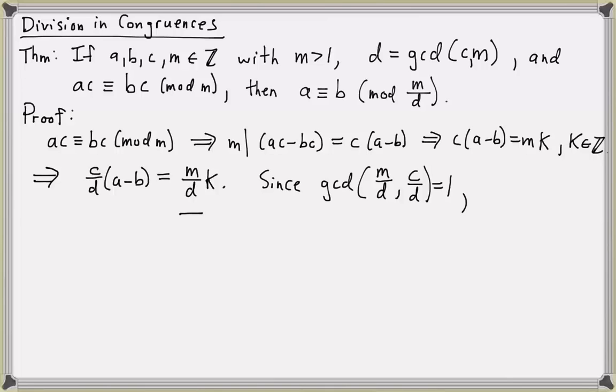But m over d is relatively prime to c over d, so by Euclid's lemma, m over d must divide the other factor, a minus b. So m divided by d must divide a minus b, by Euclid's lemma.